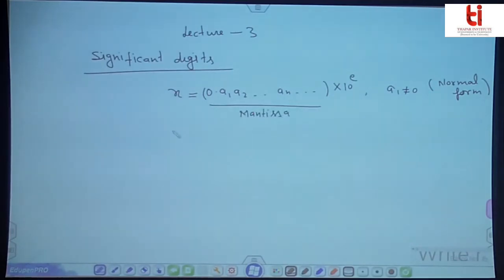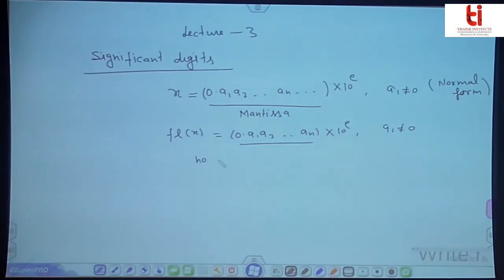Then if we are writing an approximation to x, that is floating of x up to n digits, then we can write it as 0.A1 A2 A3 ... An into 10 raised to power e, with A1 not equal to 0. Then the number of digits in the mantissa are called the significant digits.